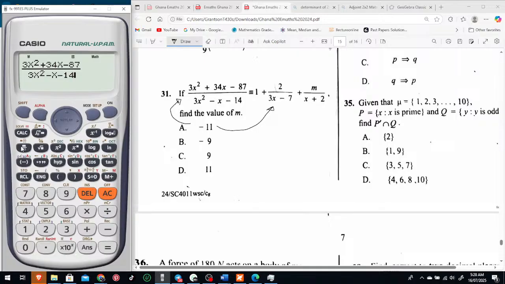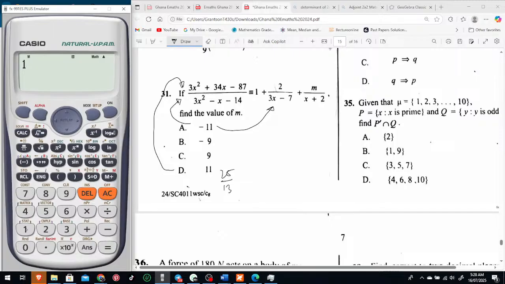I got m to be 11. You do this with the calculator or manually? Manual. Okay, so when I put 11 inside this function, I'm getting 25 over 13. Now let me put 11 inside the second function and see.